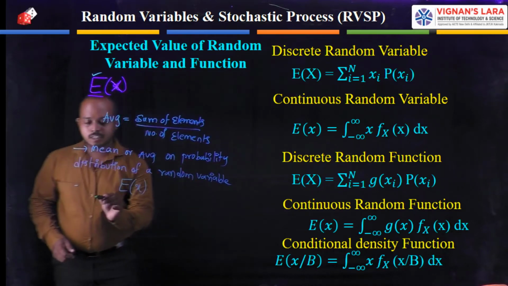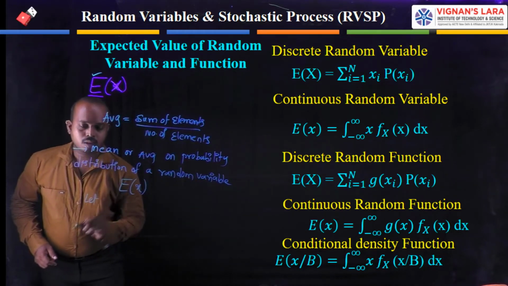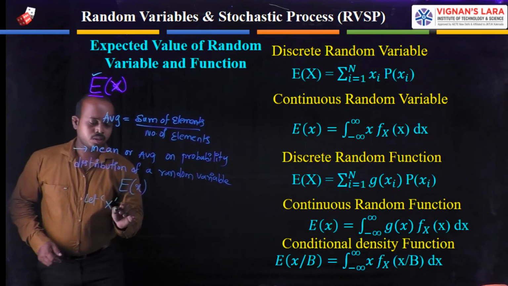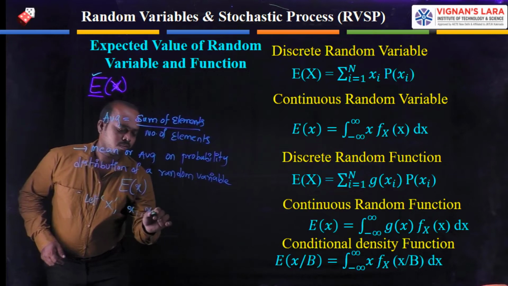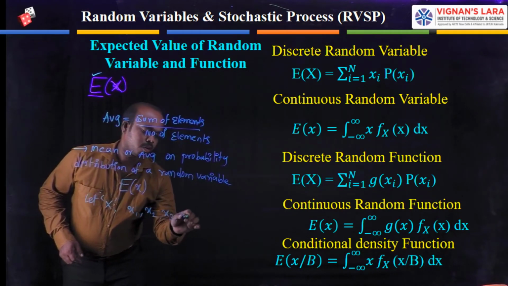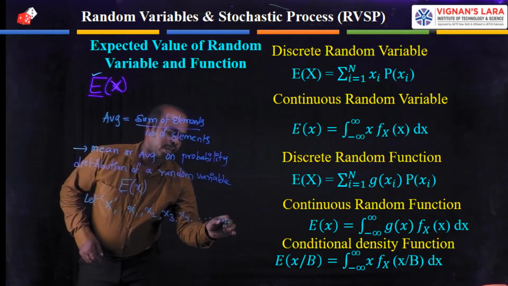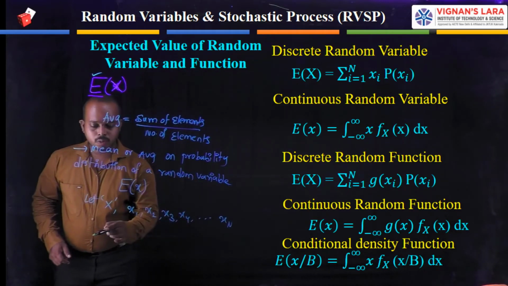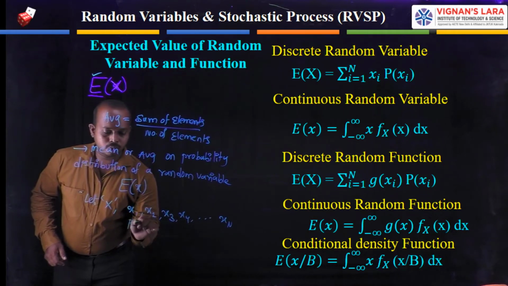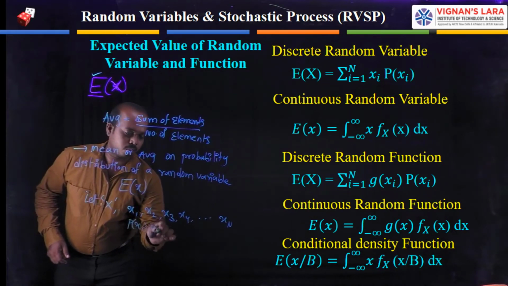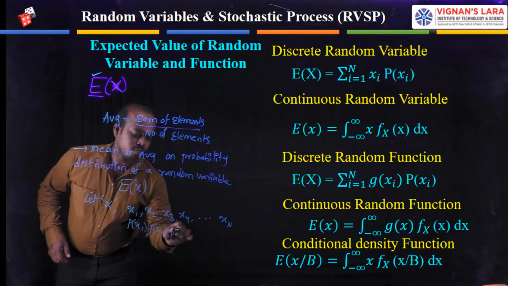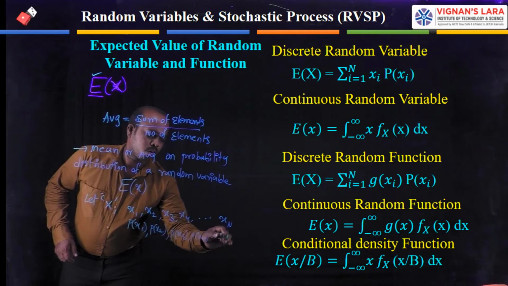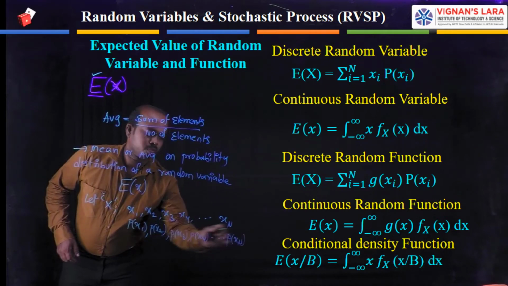We can write this quantity in elaborated form. Here I am assuming that x contains n elements: x1, x2, x3, x4 and so on up to xn. Their corresponding probabilities are the probability of x1, probability of x2, probability of x3, probability of x4 and so on, up to the probability of xn.